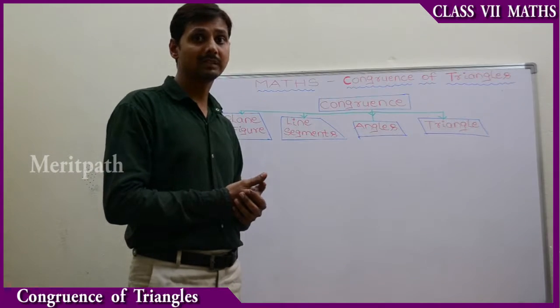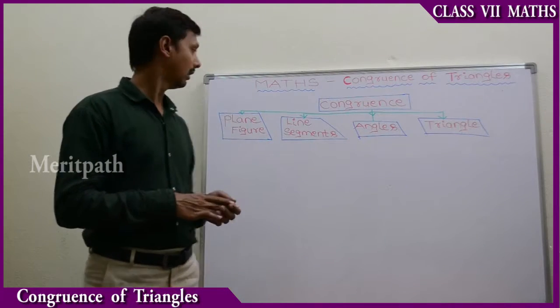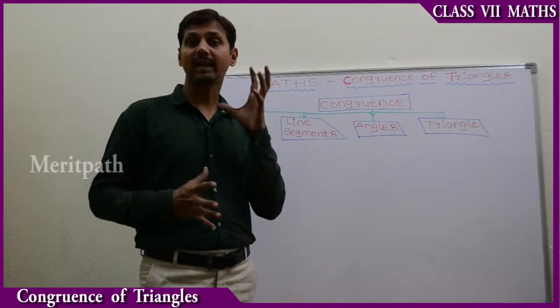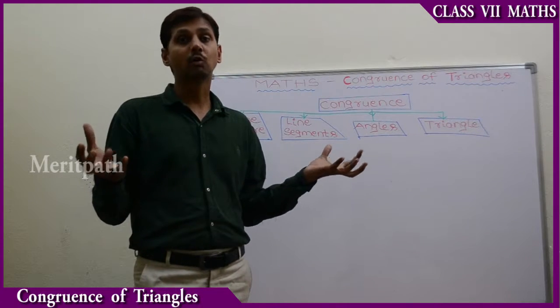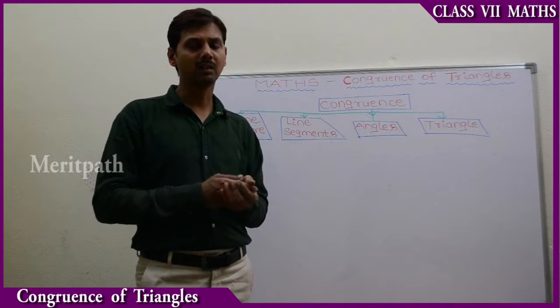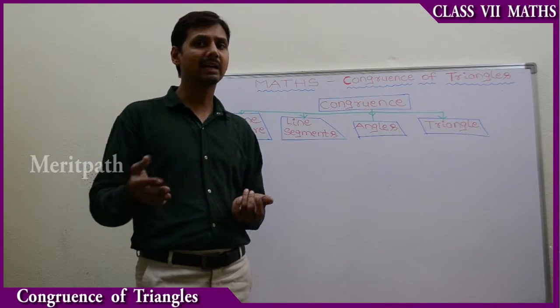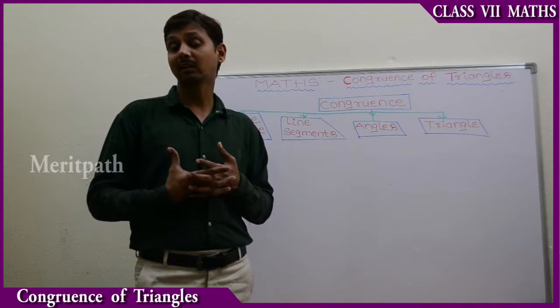Any diagram we take, we call them congruent figures. For example, circles which have the same shape and same size we call congruent figures. Similarly for triangles, rectangles and so many figures, and also irregular objects.